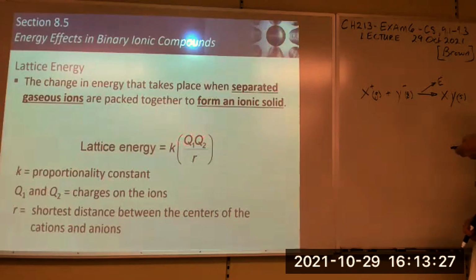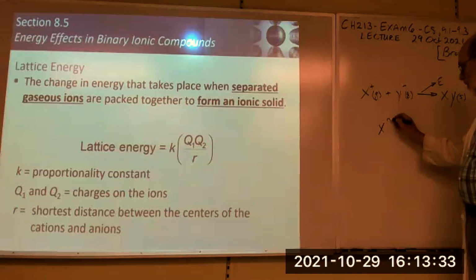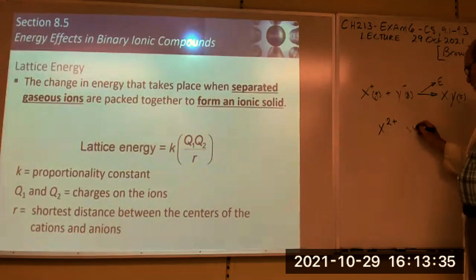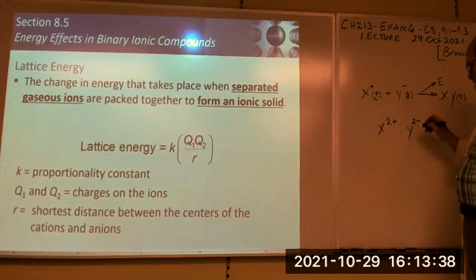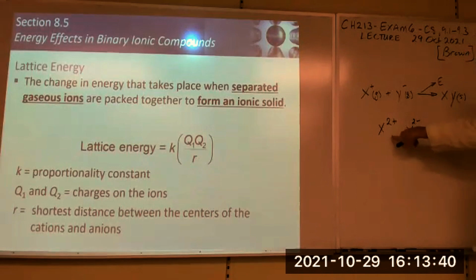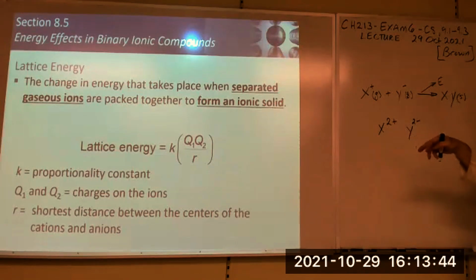So this indicates the strength of attraction. You would expect this and this to have a much stronger attraction than that and that, because of the number of charges. That's one factor. The other factor is how close they can get together.